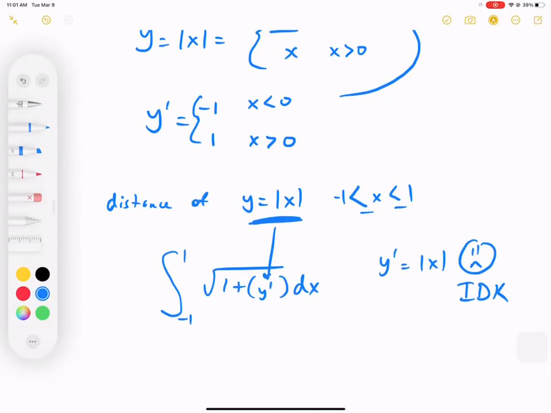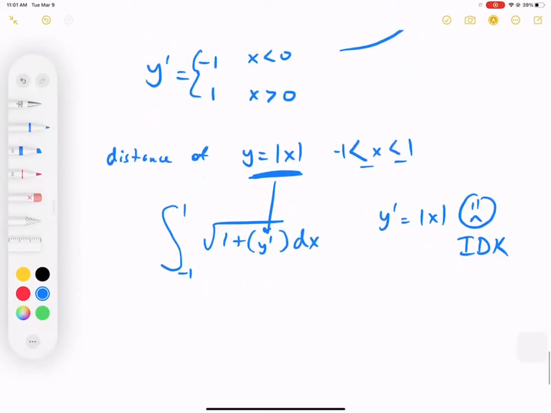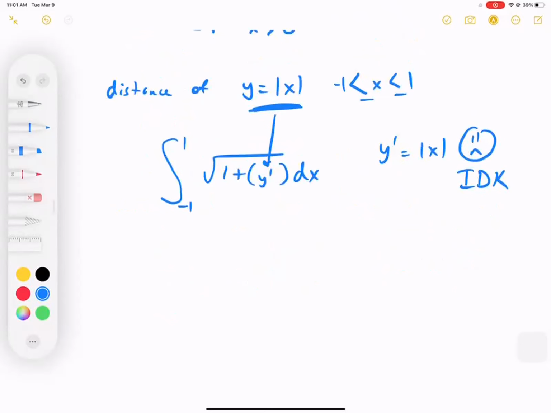Okay, you guys all see where we stalled out, where we died? We're asked to take the derivative of y, but we don't know how to take the derivative of y. So we have to break it. And we break it by saying, hey, you know what? We don't know what the derivative of y is, but let's rewrite it. y is equal to absolute value of x, right? And let's rewrite it as a piecewise function real quick. When x is less than 0, we have to say it's negative x, because that would make it positive.